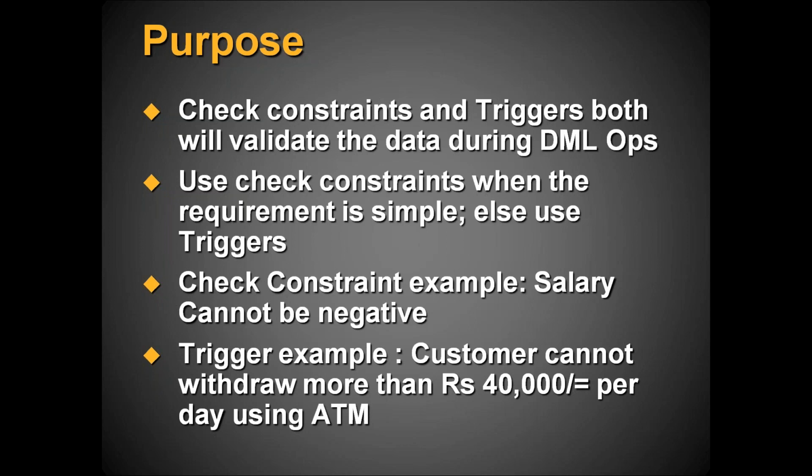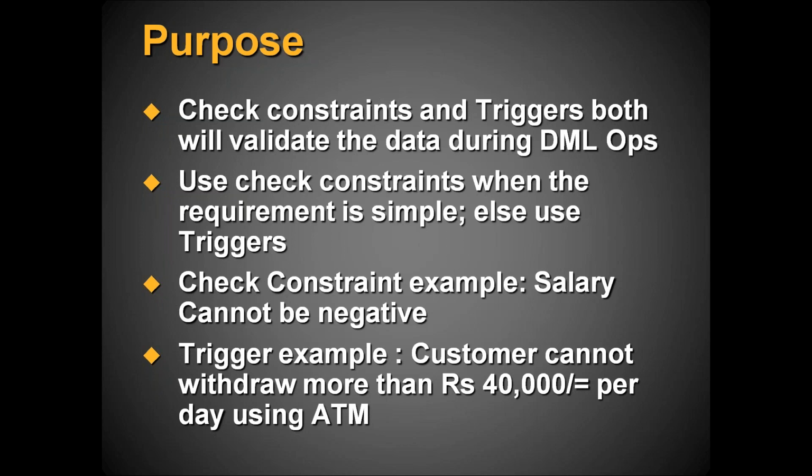Coming to a trigger example: customer cannot withdraw more than rupees 40,000 per day, understand, guys? If you are doing, customer cannot withdraw more than 40,000 rupees per day using ATM.